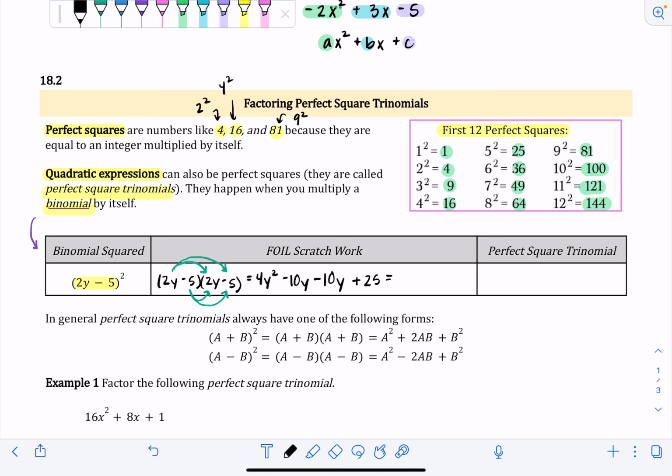And then the last part, we can fill in the next line under perfect square trinomial. We just need to make sure that we combine like terms, which are the negative 10y and negative 10y.